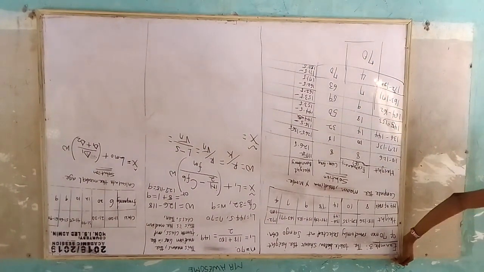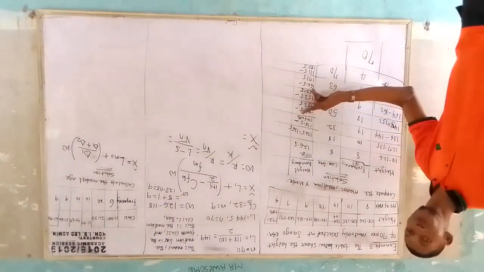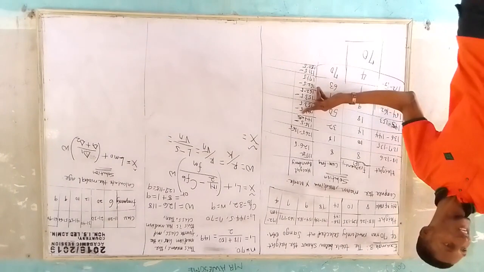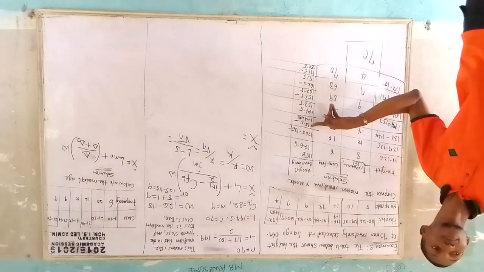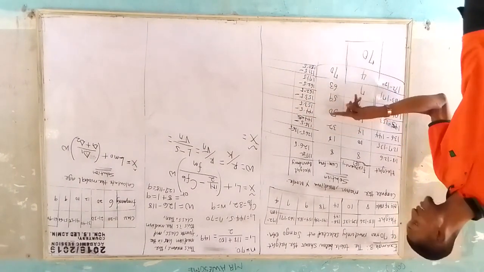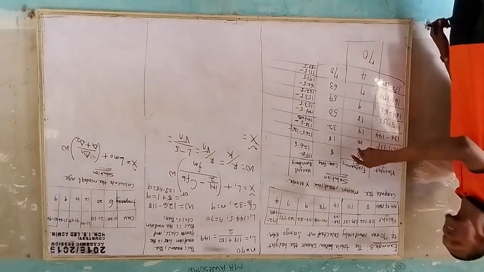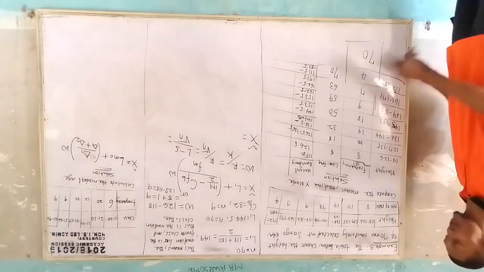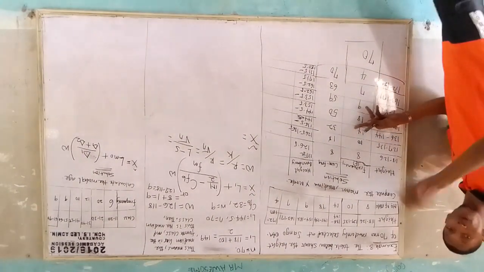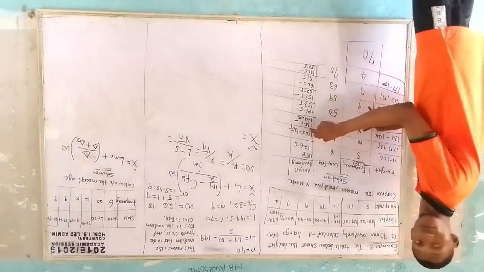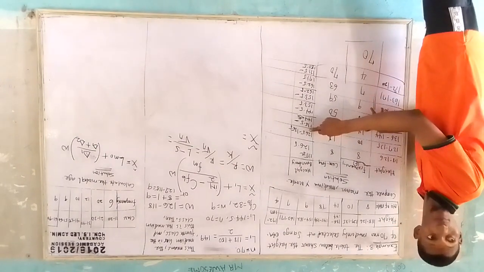What is the lower class boundary now? It is 144.5. So far this is the boundary of the median. What will be the lower class boundary?